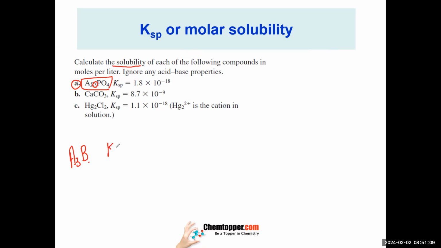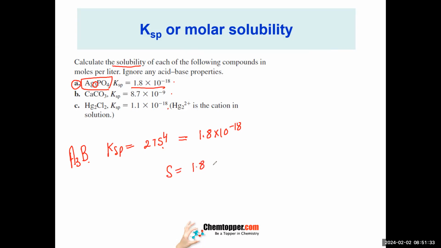So what is Ksp? 27 s raised to power 4, which is 1.8 times 10 raised to power minus 18. Ksp is given. No units, you can see no units. But this s will have a unit.